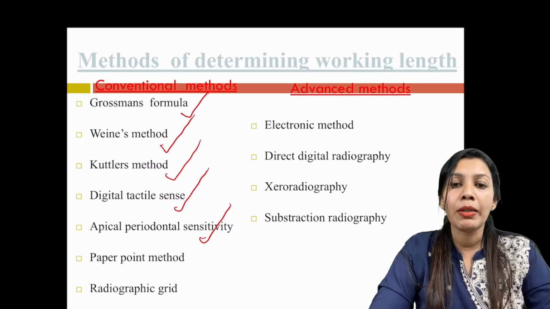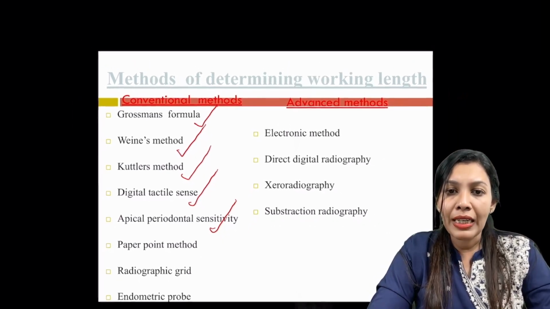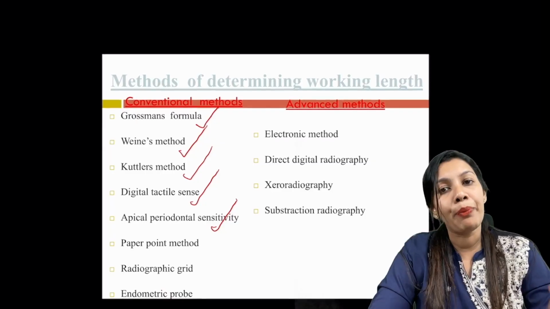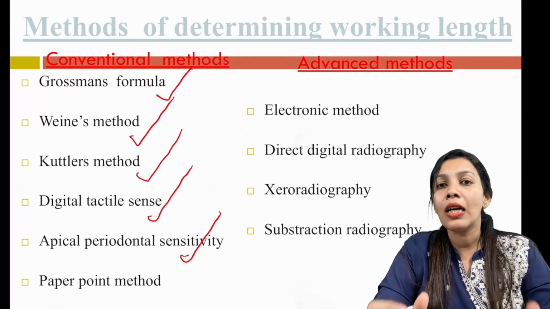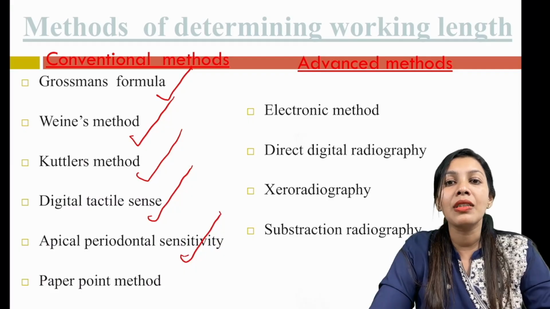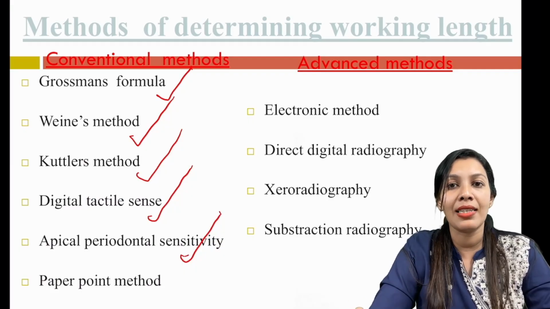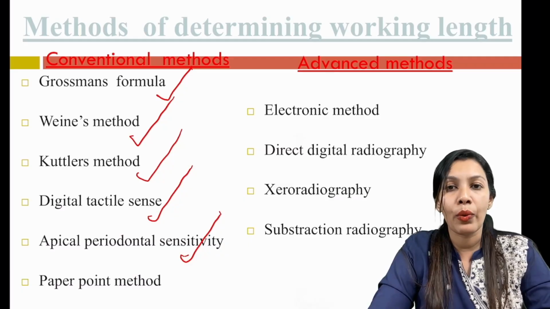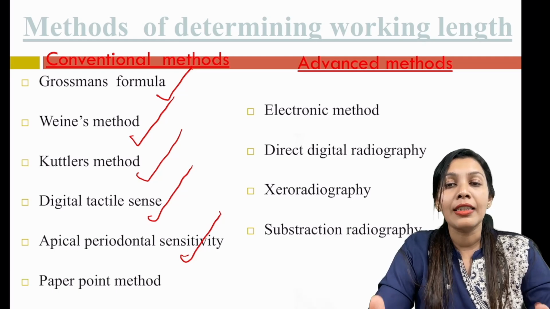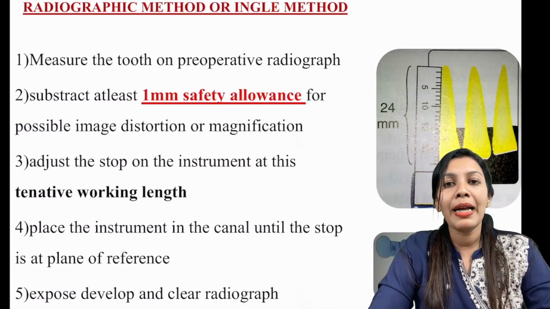Next are the paper point method, radiographic grid method, and electrometric method. In the advanced methods mainly comes the electronic apex locator, which is commonly used nowadays, and various radiographic methods also come under the advanced methods. So, explaining each.